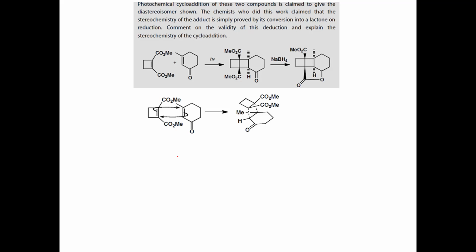Try to predict, remember it's a suprafacial attack. If you think about the stereochemistry, you notice that these two ester groups are in phase. It should be preserved in the final molecule. So the two ester groups stay either both at the top or both at the bottom, depending on how you twist the molecule. What happens next?